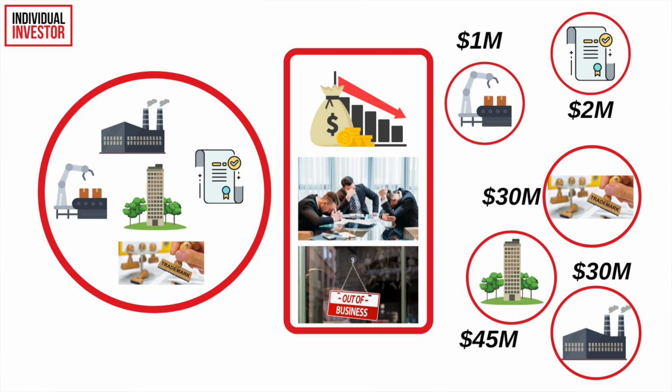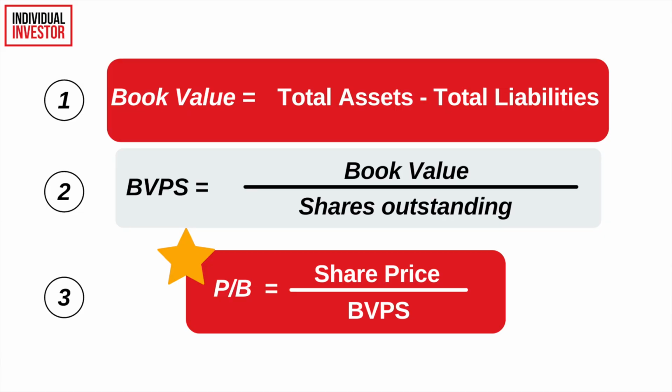And of course, if the company owes any money or has any debt, then you have to subtract that from the total net assets in the form of liabilities. Okay, let's look at the formula now. The book value can be calculated by looking at the company's balance sheet and taking the total assets and subtracting the total liabilities.